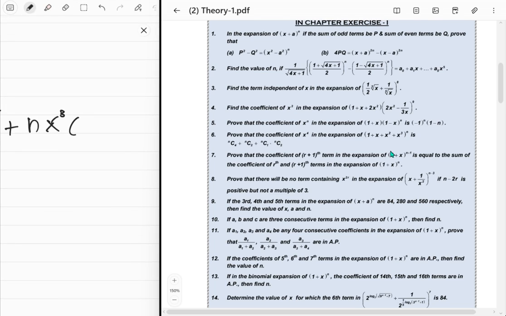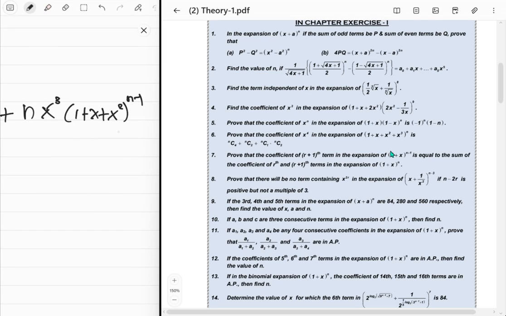Not n minus 1. You've got 1 plus x squared, and then here you have n minus 1. Now the thing is that the further terms will contain x power 6 and higher powers. So you can just completely ignore all of that. I mean, you can also do this using the multinomial coefficient, but whatever. Just do it using this thing, right?